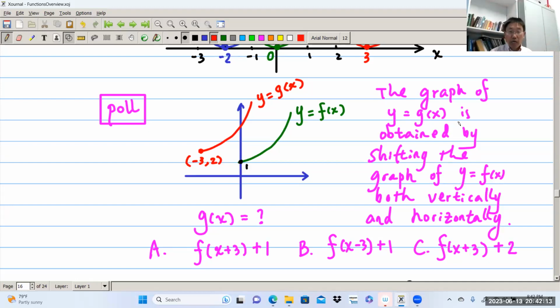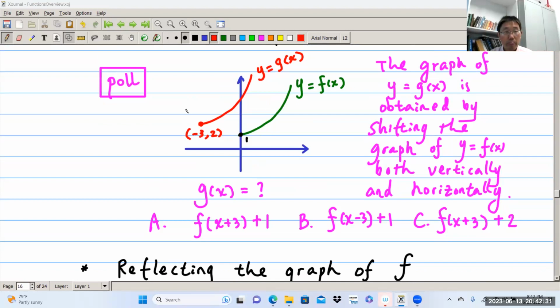As you can see, the starting point, the left endpoint of this green curve is 0, 1, but here it is negative 3, 2. Can you tell me what is g of x in terms of f? Okay, think about it. How should you shift this f of x to get that g of x?